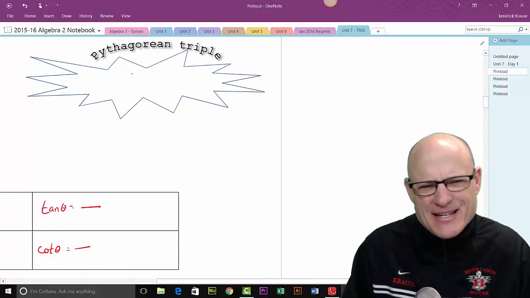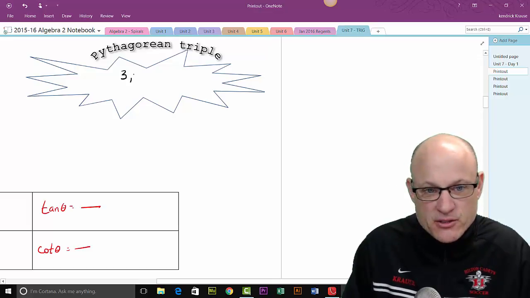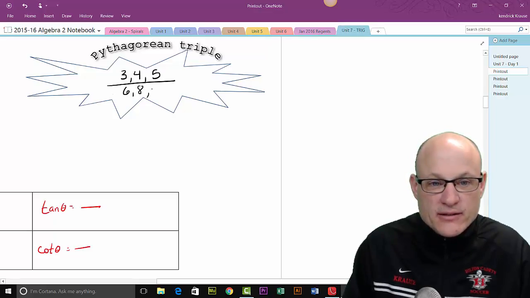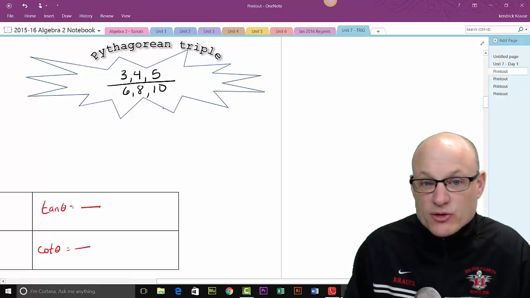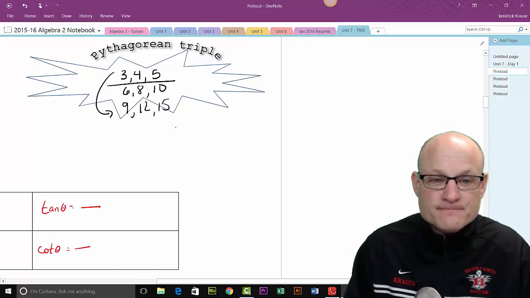The most famous Pythagorean triple is, you got it, 3, 4, 5. Now, of course, I can do any multiple of that, like 6, 8, 10. I just multiplied everything by 2. I can multiply everything by 3, 9, 12, 15. I can keep going forever and ever and ever.